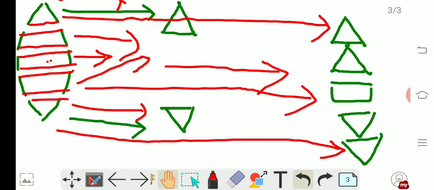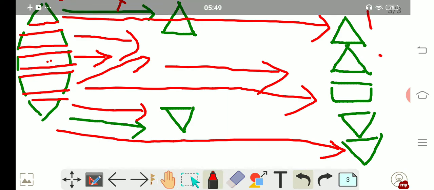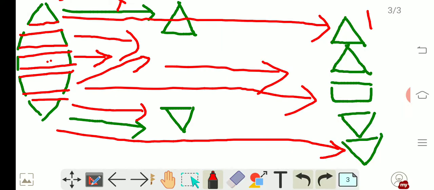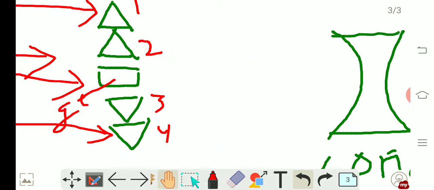Try to understand this. So how many prisms are there? One, next this one is 2, next one is 3, and this one is 4. This one is a glass slab.